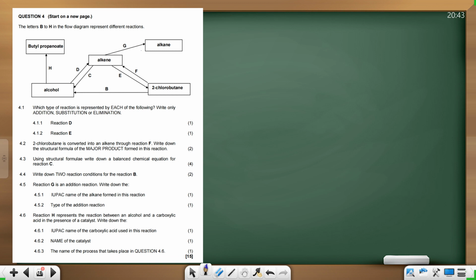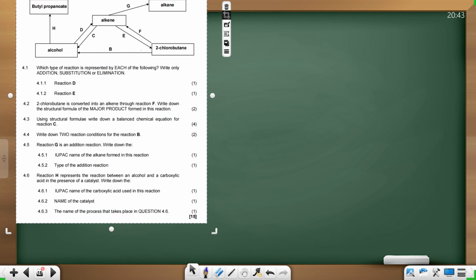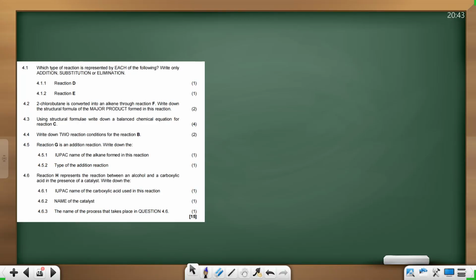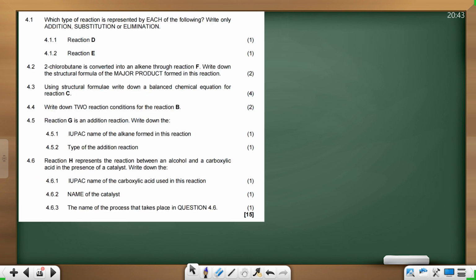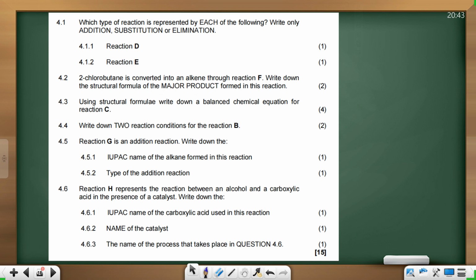All right. Let's quickly answer now. Let's make it bigger. 15 marks. Are you aware that we have answered the first 2 questions? What type of reaction is represented in each of the following? Addition, substitution, or elimination?